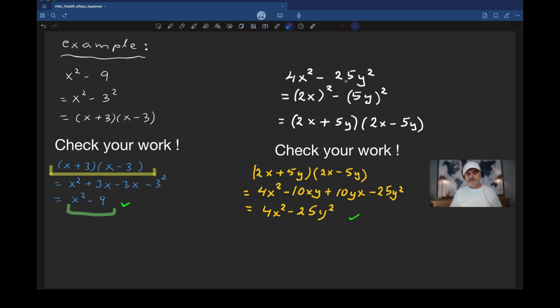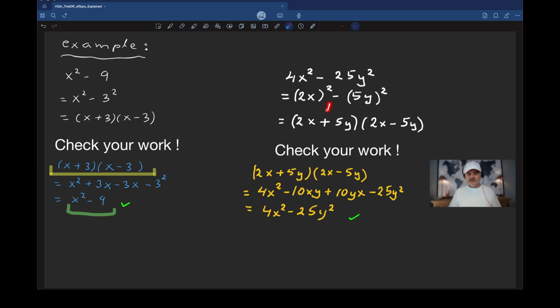And 25 is a perfect square number, which is 5 squared. When you square the product 2 times x, this is essentially 4x squared, right? And when you square 5y, you can clearly see that this is 25y squared. Hopefully that makes sense.